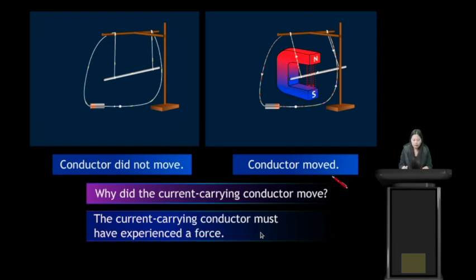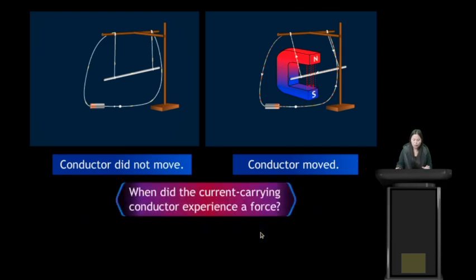In the first case, the conductor did not move, so it means that it did not experience force. But in this case, the conductor moved outward, so it must have experienced a force, right? So when did the current carrying conductor experience a force?